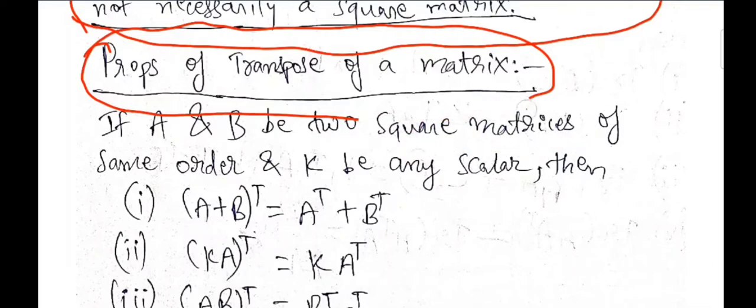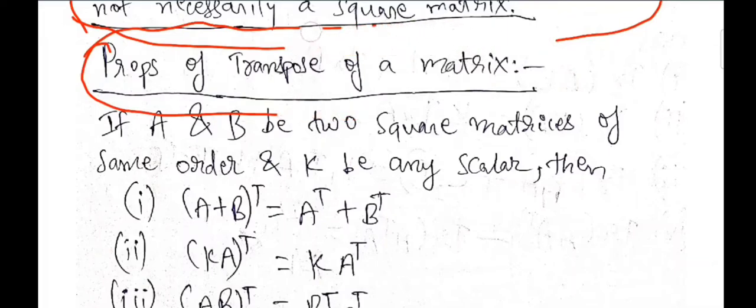Someone may ask that. So let me be very clear with you: the properties of transpose which we are learning right now are applicable only if A and B are square matrices of the same order. If A and B are rectangular matrices, then these properties of transpose will not be applicable.